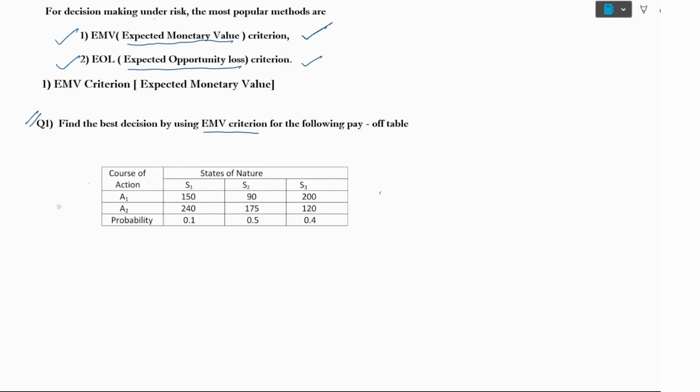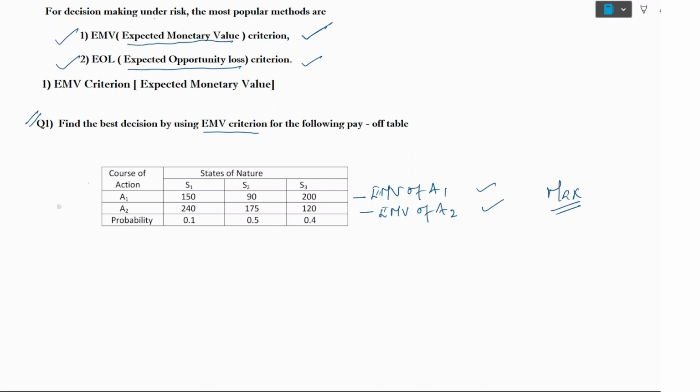Now here what we are going to do is we need to calculate EMV of A1 and EMV of A2. After calculating these values, we need to find which is the maximum value. That value we need to consider to optimize the payoff. First we will calculate EMV, that is expected monetary value of A1. How do you calculate that?